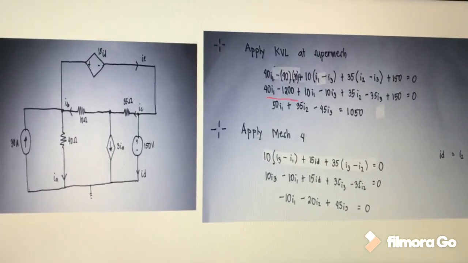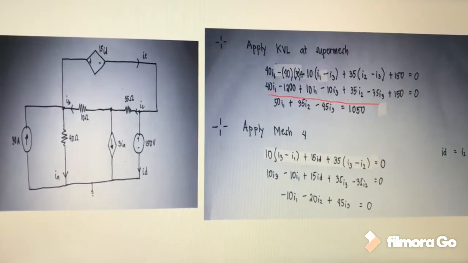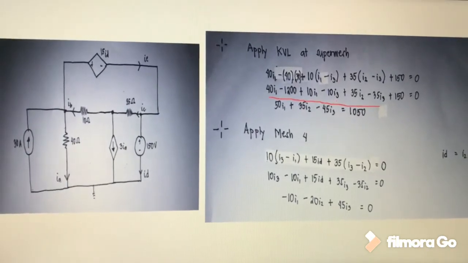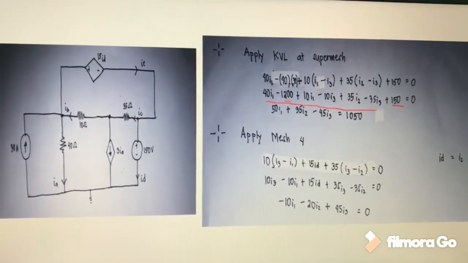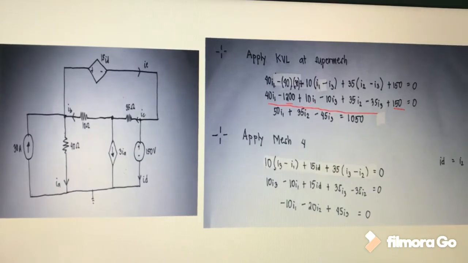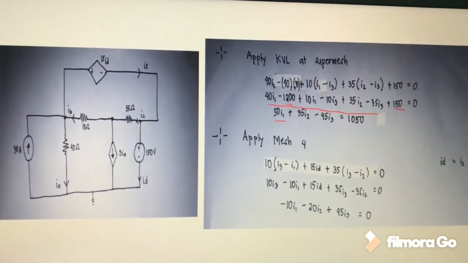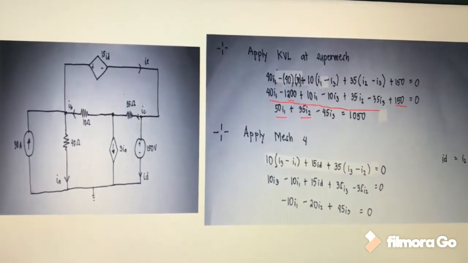So as we can see here, we have two I1, only one I2, two I3 and two constants. So first, we're going to solve for I1. 40 plus 10, which will become 50 I1. Since 35 I2 is the only one, just copy 35 I2.